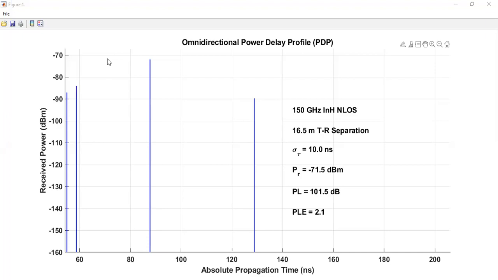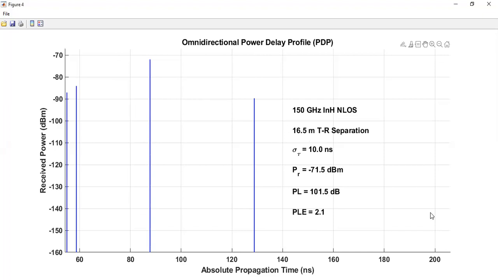Okay, it is the peak power, right? Minus 71.5 is probably the peak power that we have at the middle spike. Overall path loss exponent. So this gives us pretty good values.